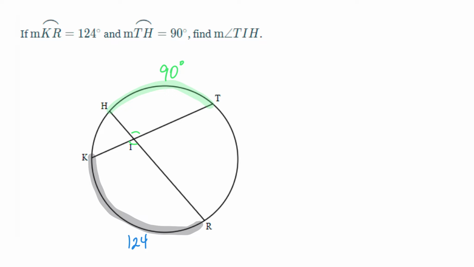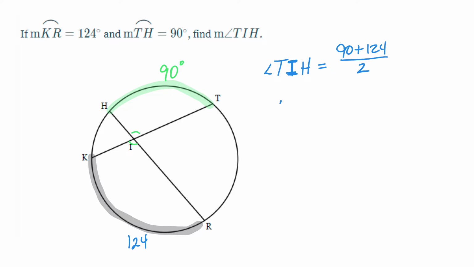But when we're calculating this amount, the angle is basically going to be the average of those two amounts. So when we're talking about angle TIH, it is equal to the sum of the other two arcs. Well, that would be 90 plus 124 divided by 2. Like I said, it's the average of those two.